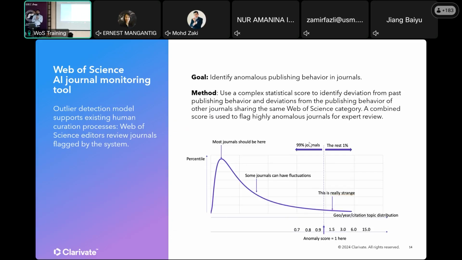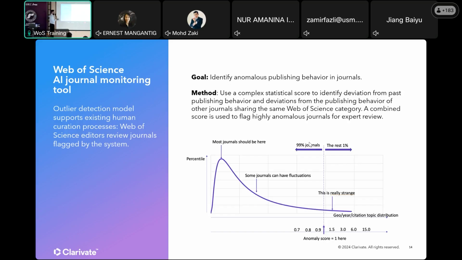And because we were talking about AI and how we use it at Clarivate recently, I've mentioned this verbally already, but just to let you know that now we also have AI helping us to find potential predatory open access journals. It is a complex statistical score based on a deep machine learning network, and it finds journals that seem to have high deviations from the norm.